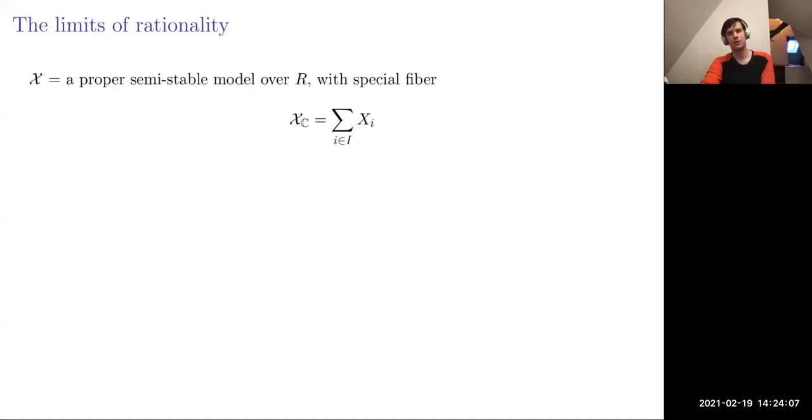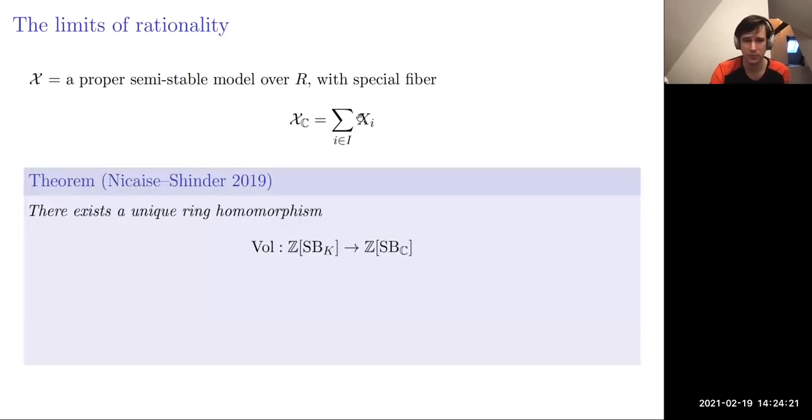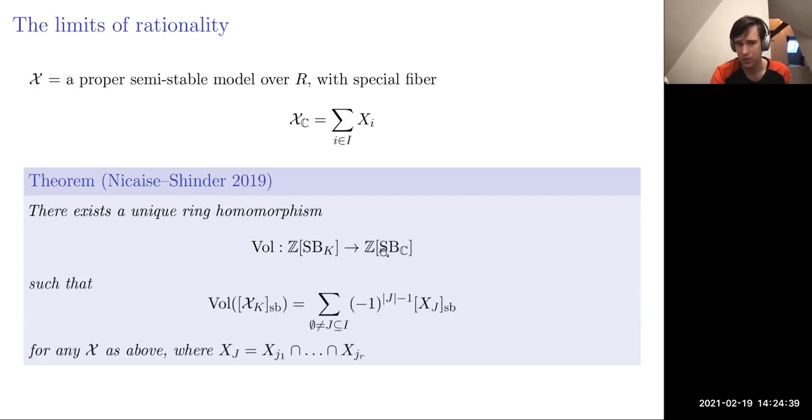Right. So now we can explain this result of Nicaise and Shinder. So we take some proper and semi-stable model over this DVR with maybe a reducible special fiber. And basically Nicaise and Shinder proved that there's a unique ring homomorphism from the ring of stable birational types over the generic fiber to that on the special fiber.